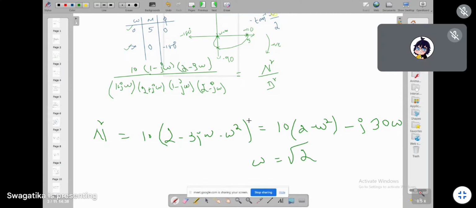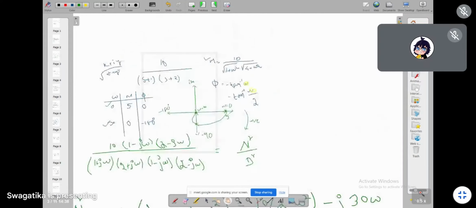So that will be 1 plus 2, and here it will be 4 plus 2. So how much you are getting? 10 divided by root 3 into root 6.